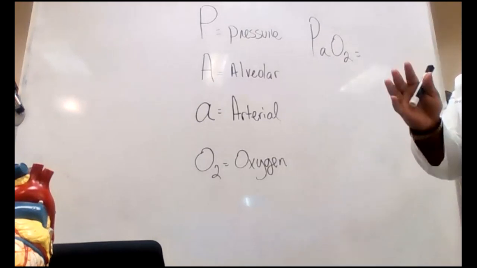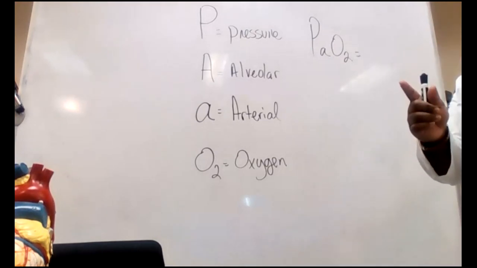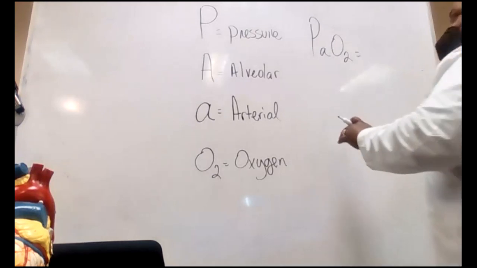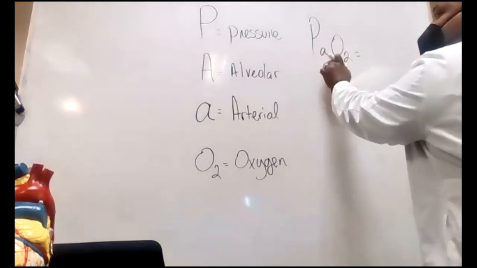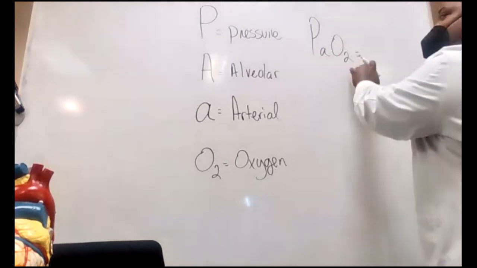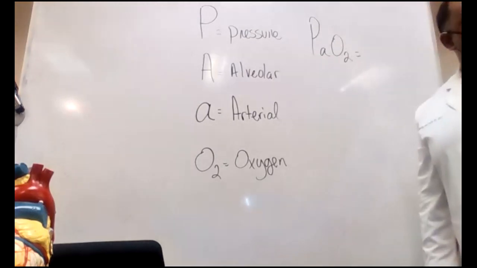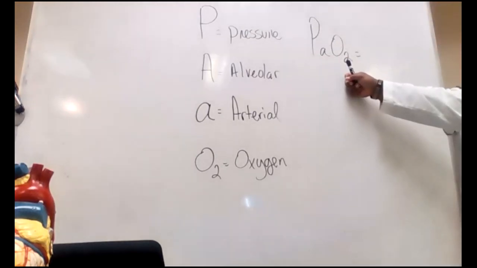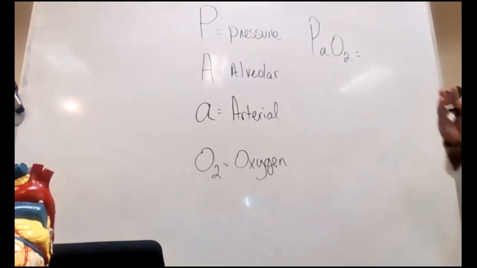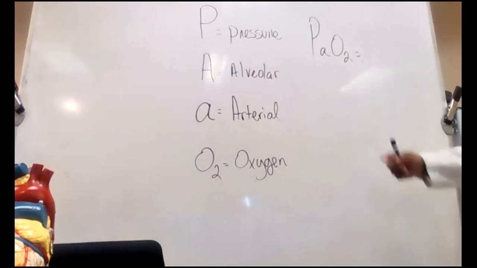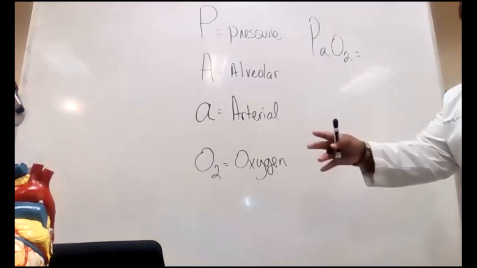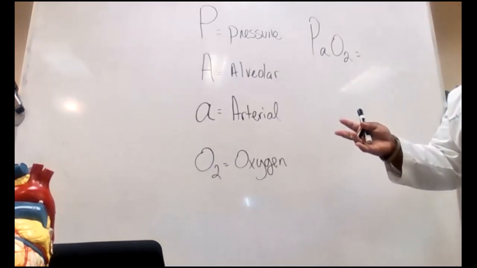Because I said that gas exerts a pressure, right? All gases exert a pressure. So now, since this is talking about the pressure of the arterial oxygen, it's inside the body. Which pressure measurement would this be in? We talked about two pressure measurements, one inside the body and one that we give to the body. The pressure measurement for pressures inside the body, like the blood pressure, we said blood pressure was 120/80.